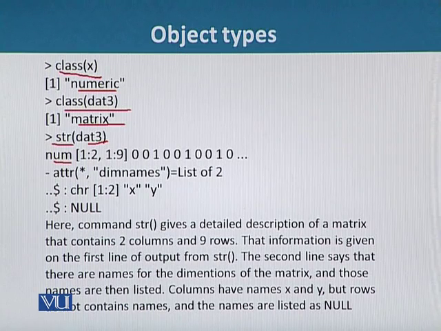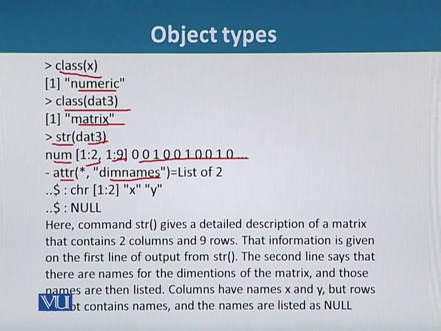So here 1:2 means there are 2 columns, and 1:9 means that there are 9 rows. Here is the description. So this is the attribute, and in the commas we write the dimension names of the matrix.